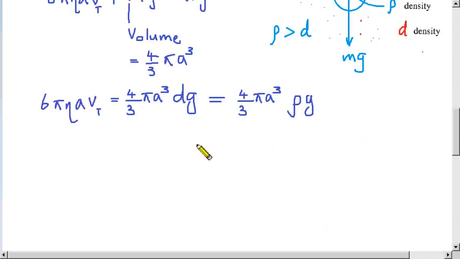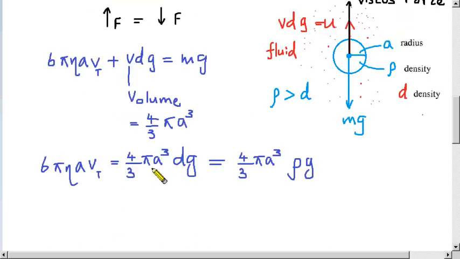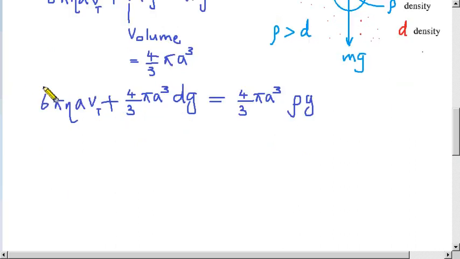So now everything is written here, plus, this plus. So this term okay, this term okay, this term okay. Like that we have now written all the terms.